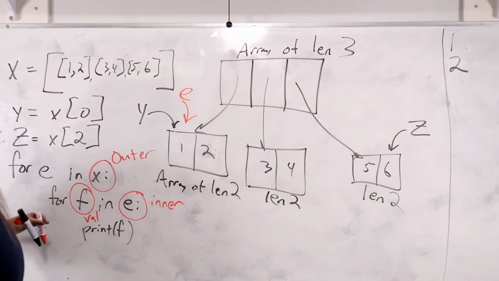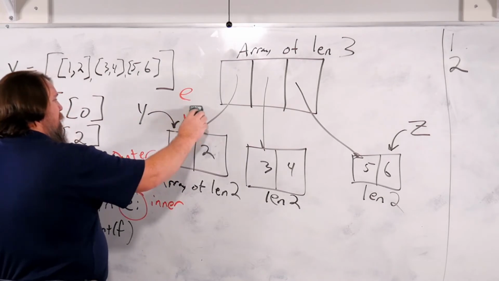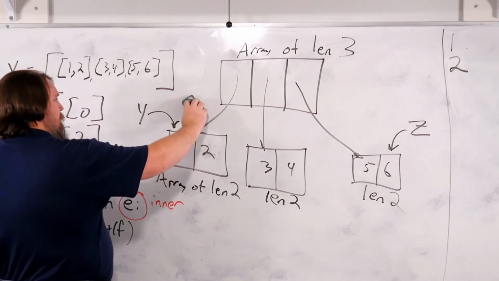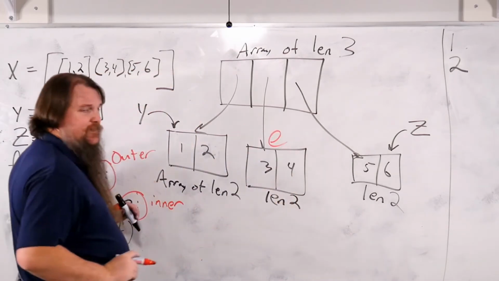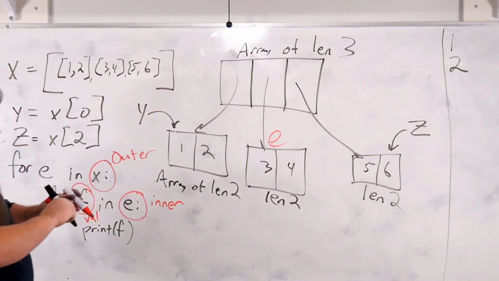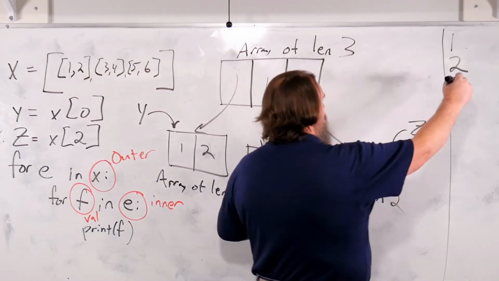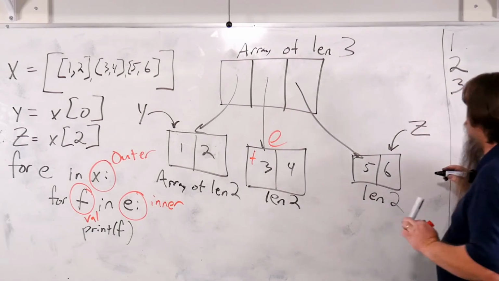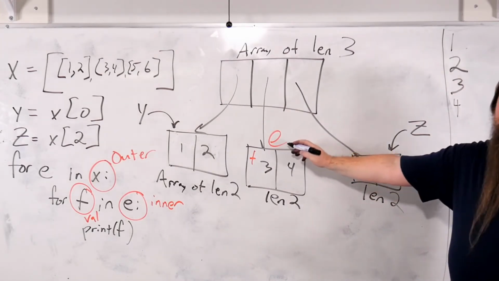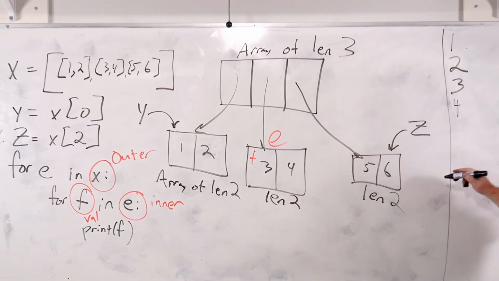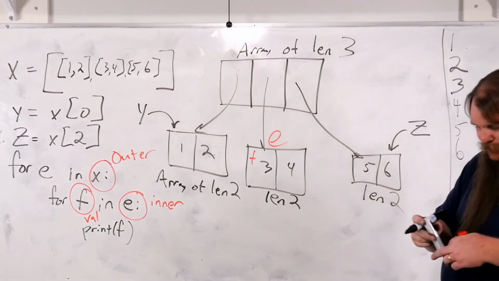Now we're all done with that little internal array, so we're going to have to change E. Now E is going to be this inner array, and F is going to be this. So we print 3, then we print 4, then E will move to the next array, and we'll print 5, we'll print 6.